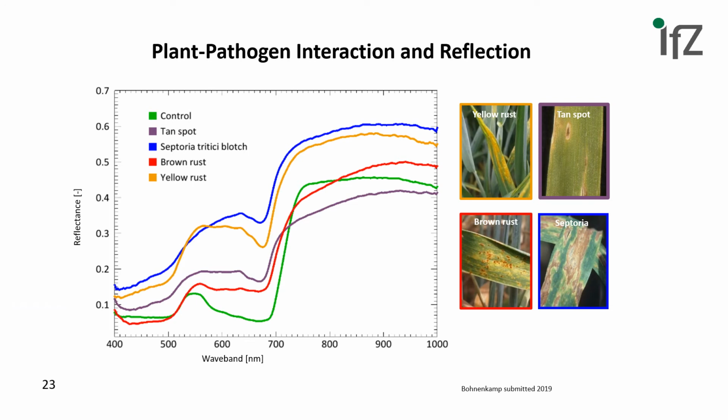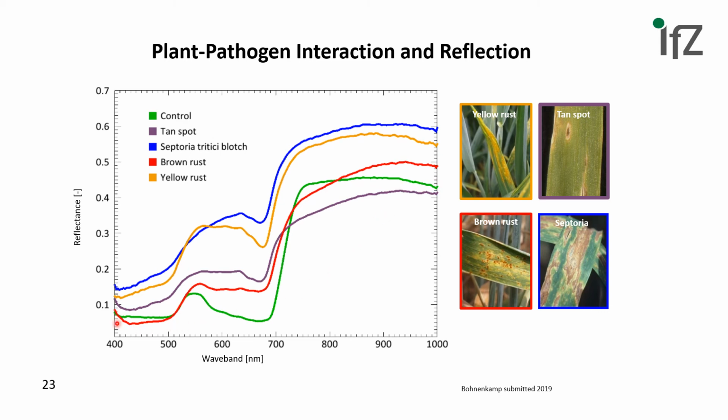And in this figure, you see that each of the different foliar diseases of wheat has very characteristic spectral signatures. In green, you see the spectral reflectance curve of healthy tissue. Compared to that, we have plotted the different diseases.